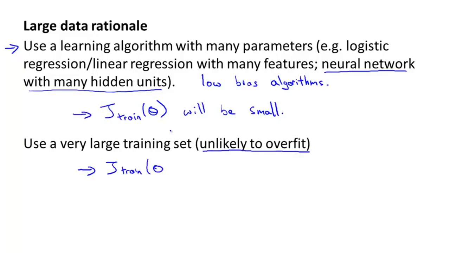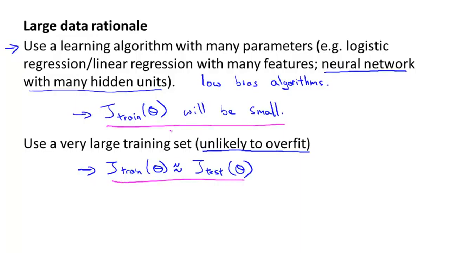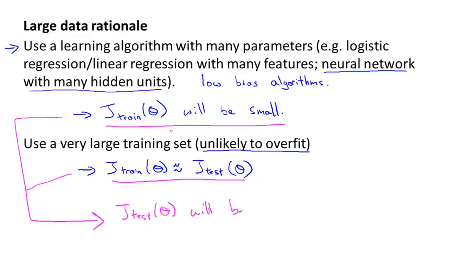And by unlikely to overfit, what that means is that the training error will hopefully be close to the test error. Finally, putting these two together, if the training set error is small and the test set error is close to the training error, then hopefully the test set error will also be small.